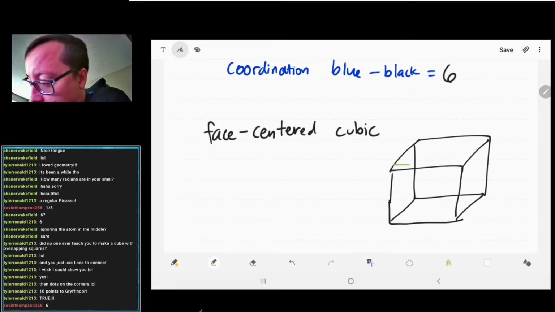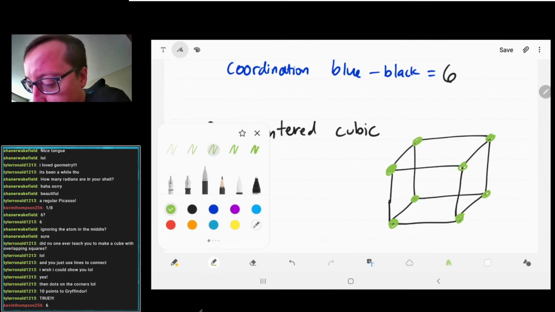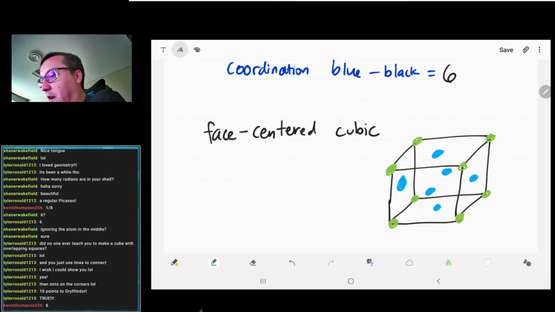Alright, here we go. Here's our cube that is currently simple cubic. But we're going to see that all of the faces of the unit cell here will also have an atom in there.